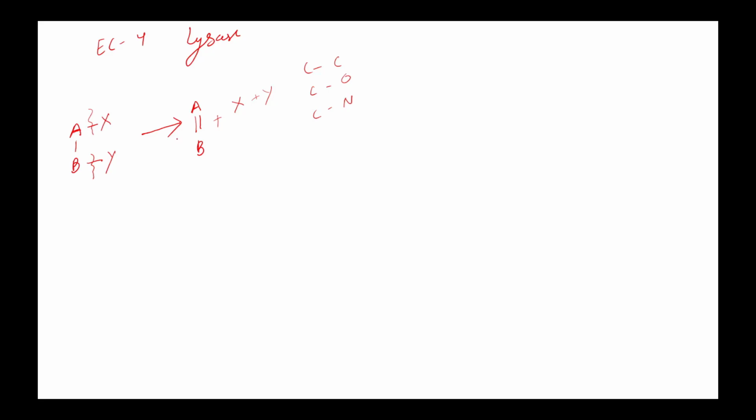If the same reaction takes place in the reverse direction, the enzyme is called a synthase. So in the forward direction, when the double bond is formed, it is called lysis, and in the reverse, it is called synthesis.